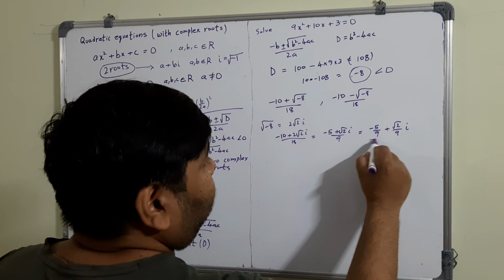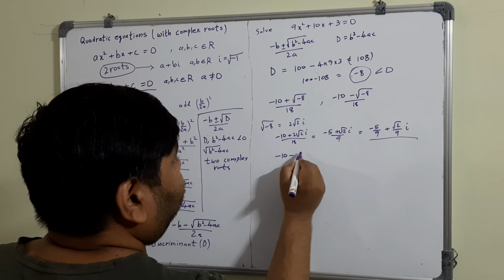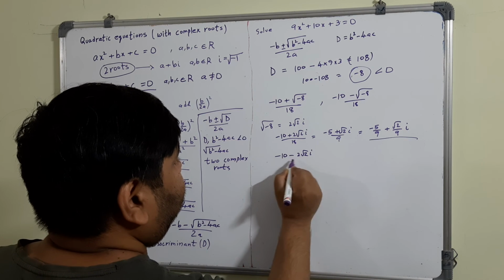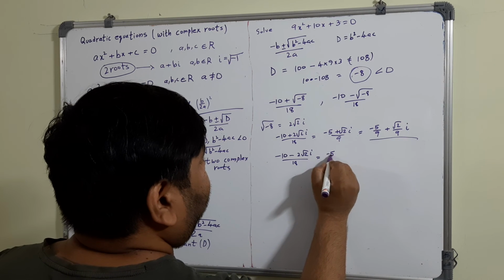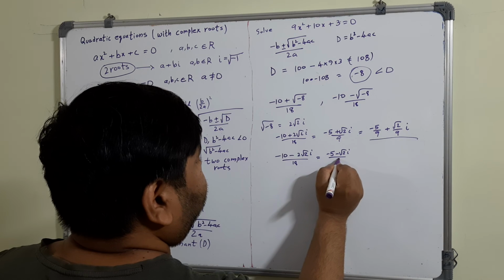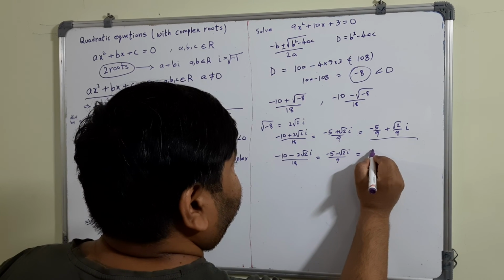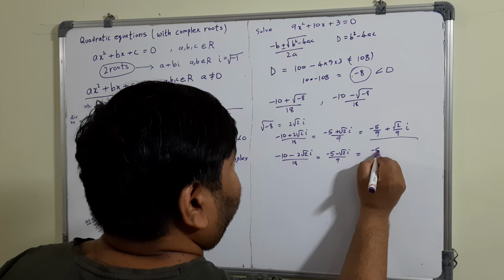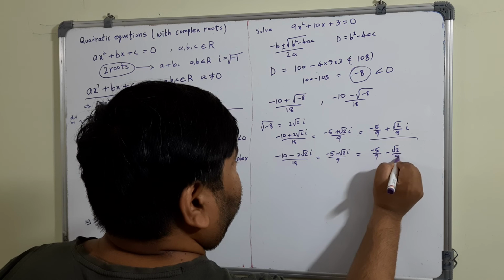This is the first root, and the second root is minus 10 minus 2 root 2i by 18, equals minus 5 minus root 2i by 9, equals minus 5 by 9 minus root 2 by 9 i.